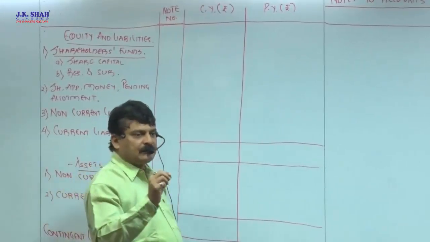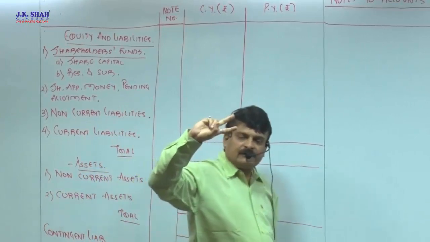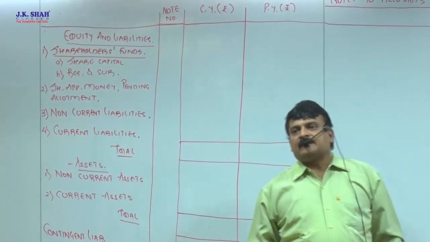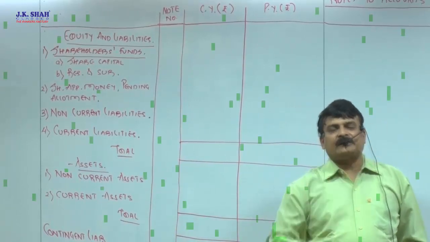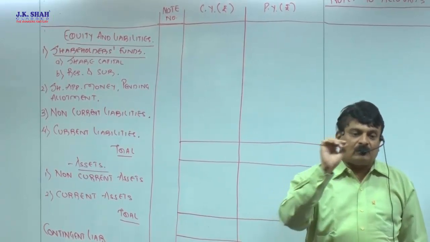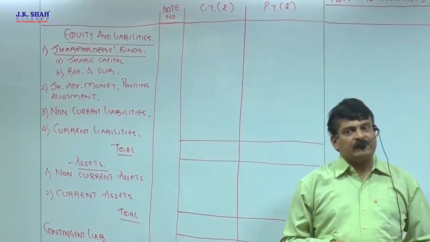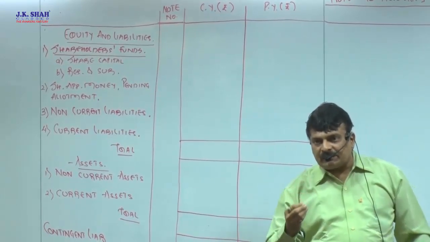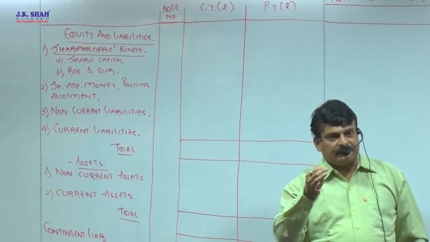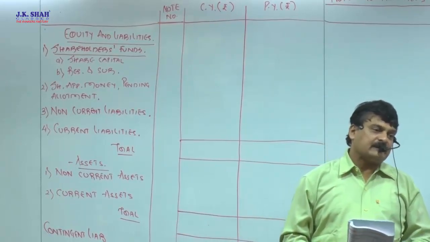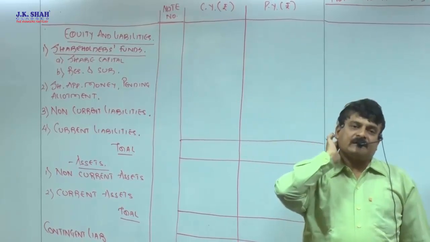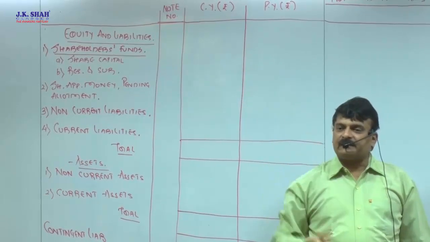In debtors, you have to classify debtors in two categories. One, debtors outstanding for more than 6 months. What does this mean? Those debtors who have not paid us a single rupee in the last 6 months.